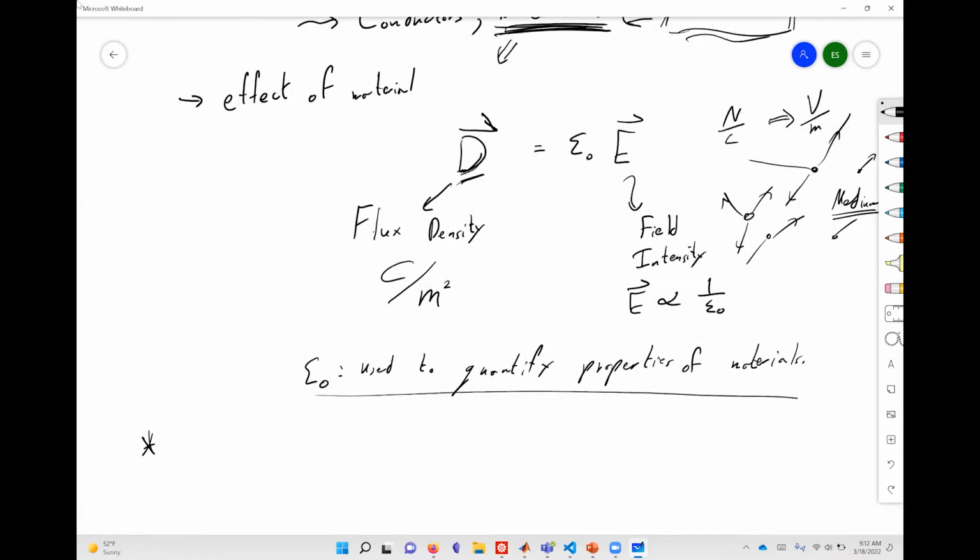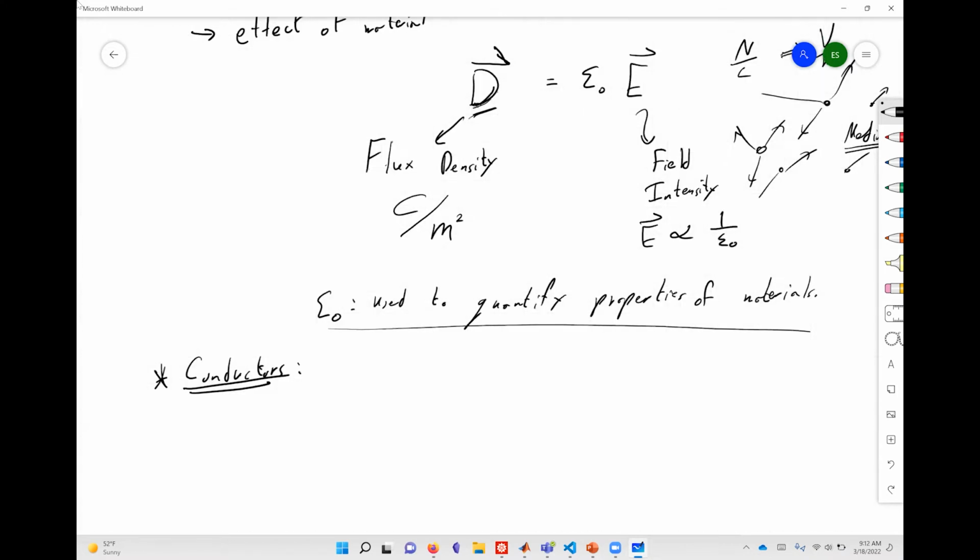So we want to start with conductors. What are conductors? Conductors are essentially mediums. So free space is just free space, right? Wood is wood, whatever, but you have certain kinds of materials, like metals, copper, aluminum, materials that have what's called high conductivity. They don't have to be charged materials.